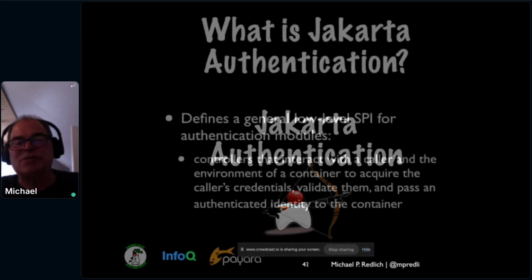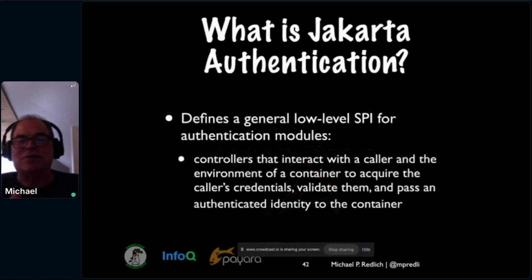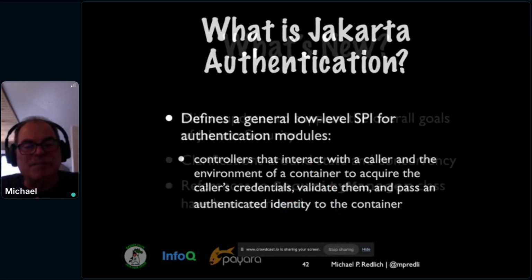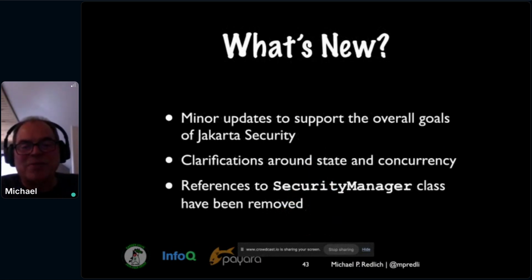And then Authentication. It's also part of security. Authentication is a low-level SPI for authentication modules. What's new basically is minor updates to support the overall goals of Jakarta Security, some clarifications around state and concurrency, and again, references to Security Manager.